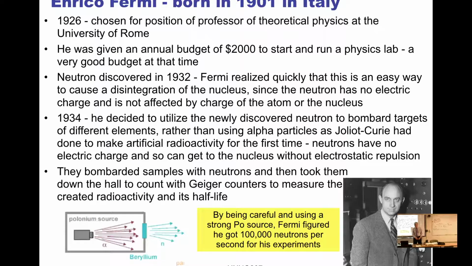Well, then came the story of Enrico Fermi. Enrico Fermi was an Italian. Short, smart, and got appointed to the faculty, to professorship at the University of Rome at a very young age.